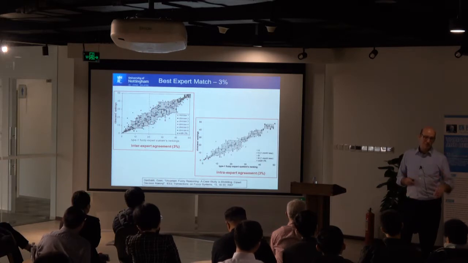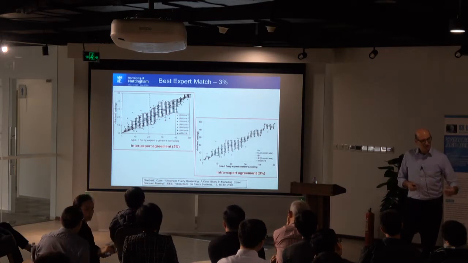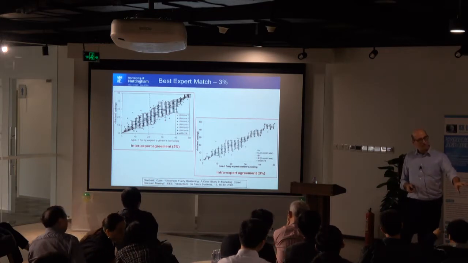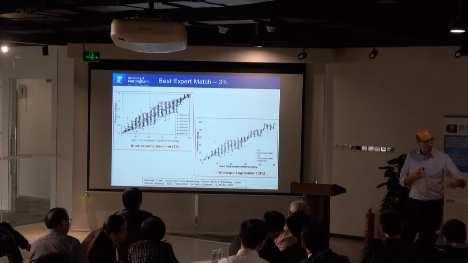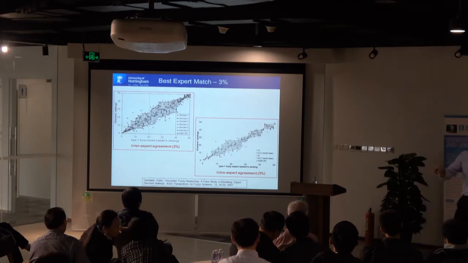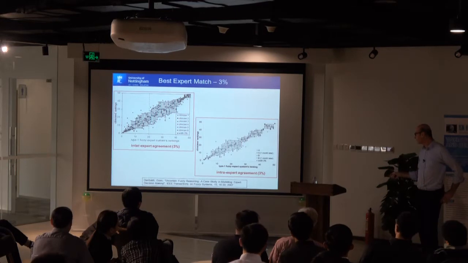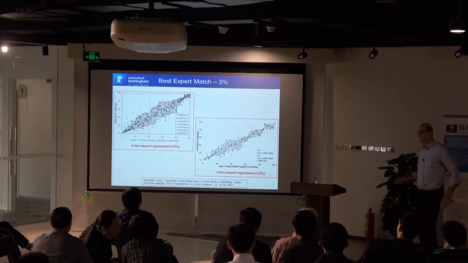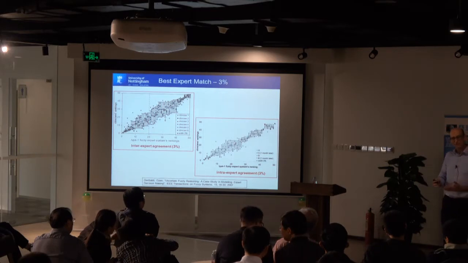Because if we were giving a different decision, the variation between the two of us would have to be more than 3%. I can't prove that, but I think it's an interesting observation. So although there's 3% variation, fundamentally the experts are saying the same thing.